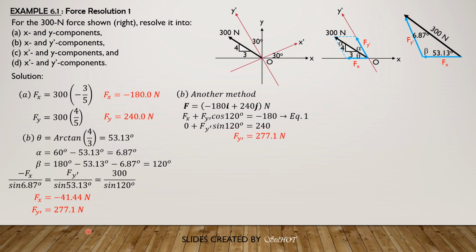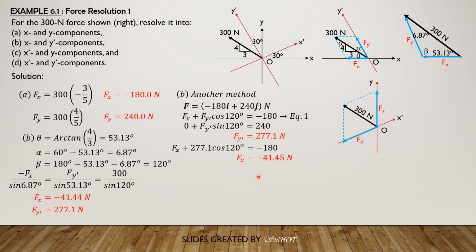So Fy prime is 277.1 newtons. Then substitute this into equation 1, Fx plus 277.1 cosine 120 equals negative 180. Solving for Fx, it is equal to negative 41.45. So they are close. The discrepancy is due to rounding of values.